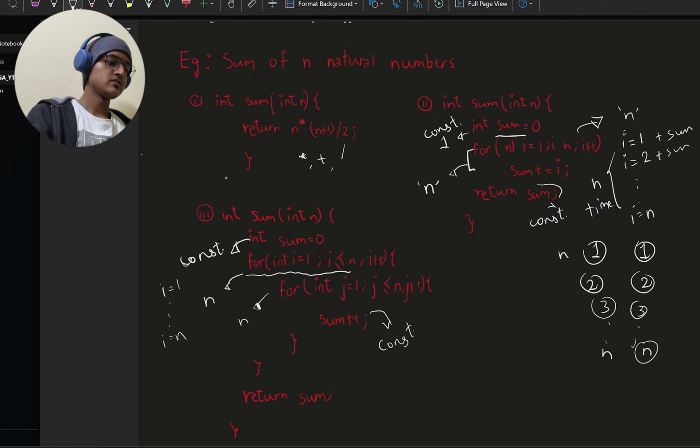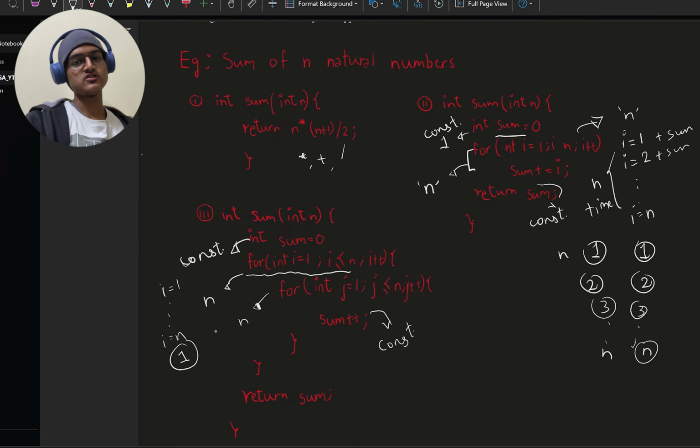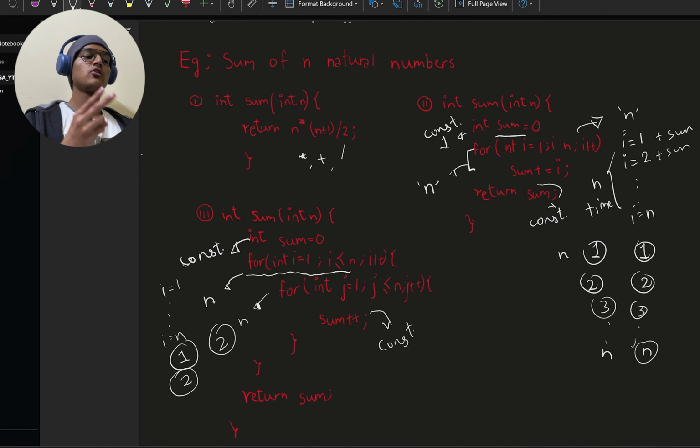So overall, if n is equal to 1 is given as input, the outer loop will run 1 time, the inner loop will run 1 time. When 2 is given as input, the outer loop will run twice, the inner loop will also run twice, so 4. If given 3, the outer loop runs 3 times, the inner loop 3 times.